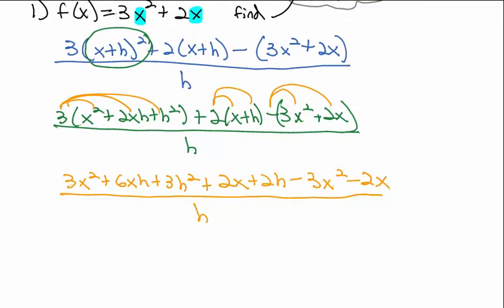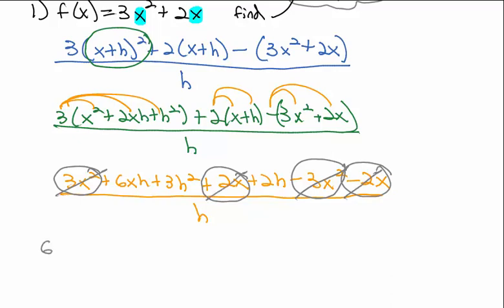And this is nice because some things are going to start to subtract out. We've got a 3x squared and a negative 3x squared. Those are gone. We've got a 2x and a negative 2x. Those are gone. So what we're left with is 6xh plus 3h squared plus 2h all over h.